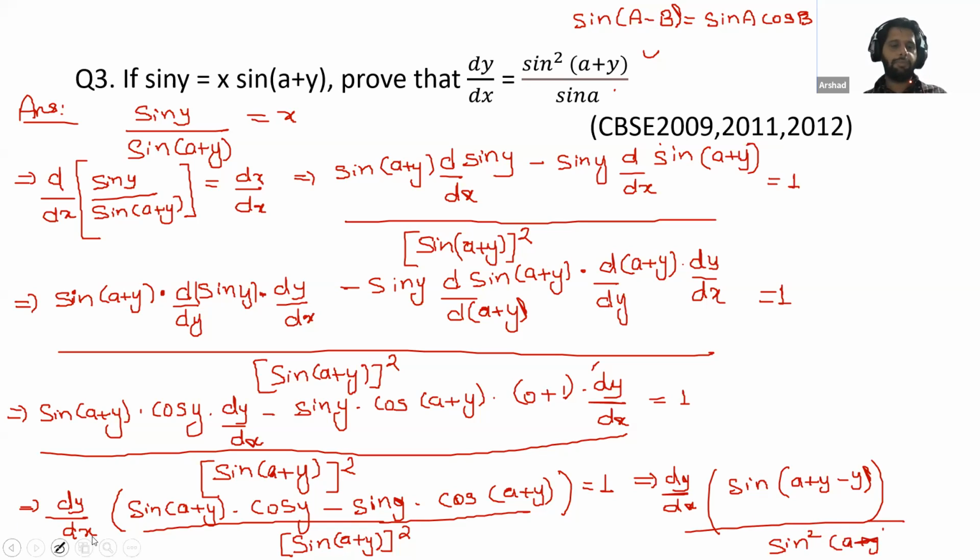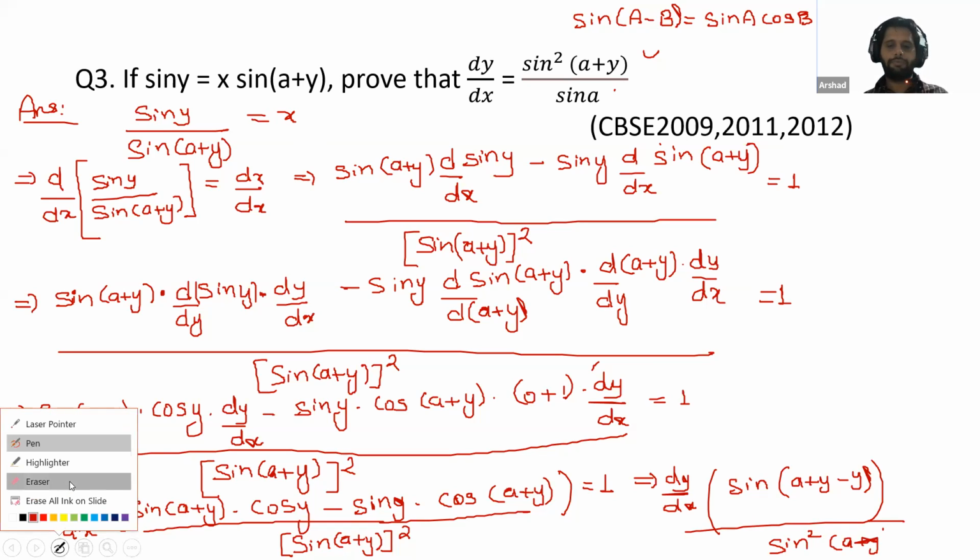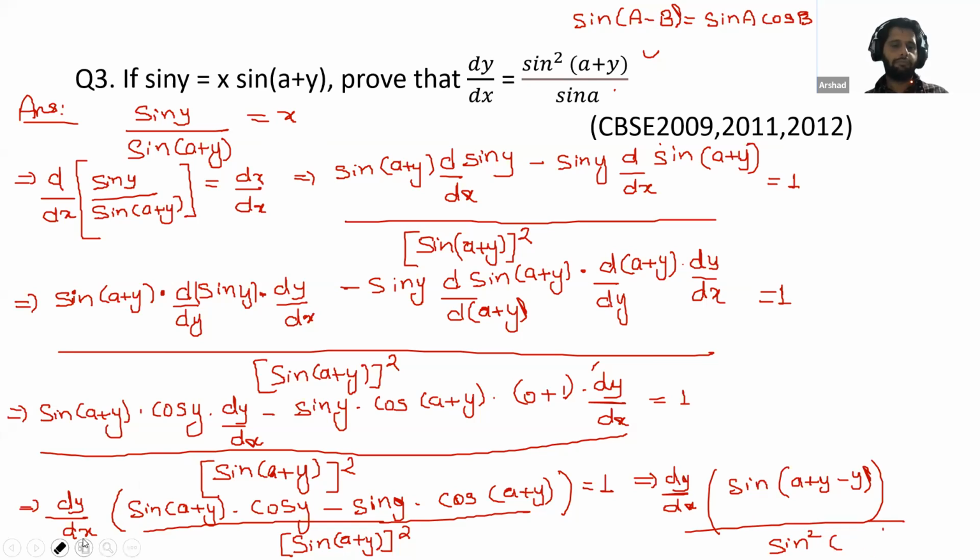Now, please tell me who has a doubt in this step. Everyone, please tell me who has a doubt. Abdur, Fahad, Umair. Okay, Umair, what's the doubt? Which step, Umair?